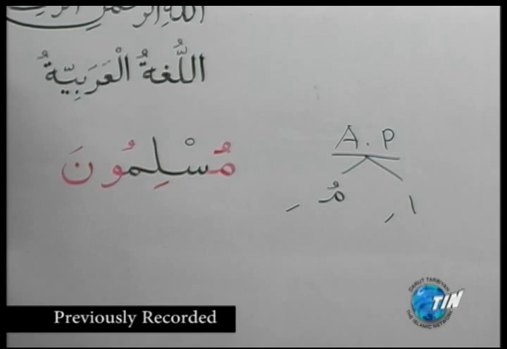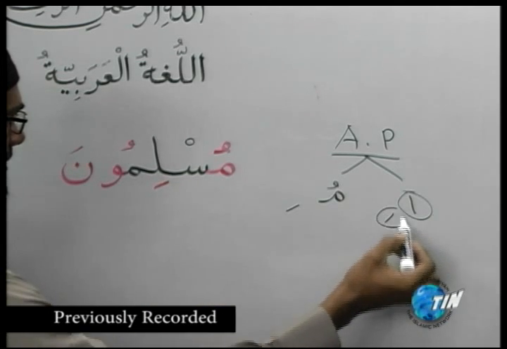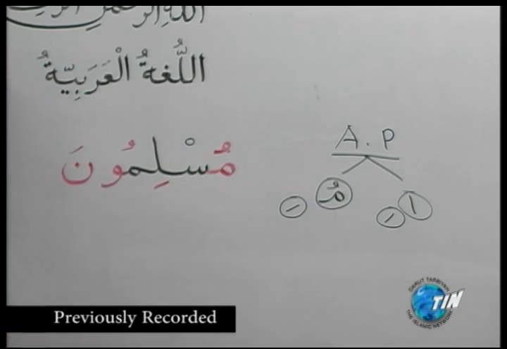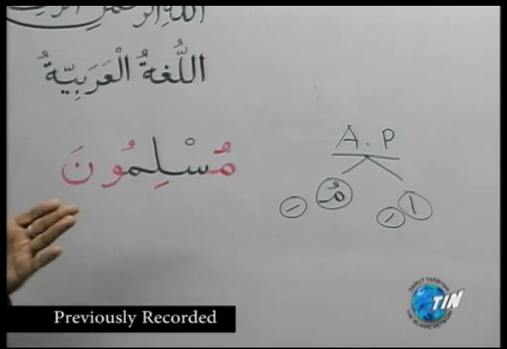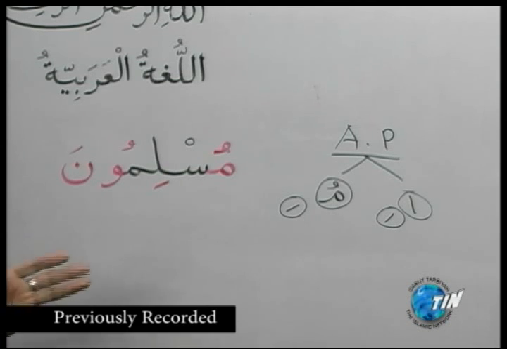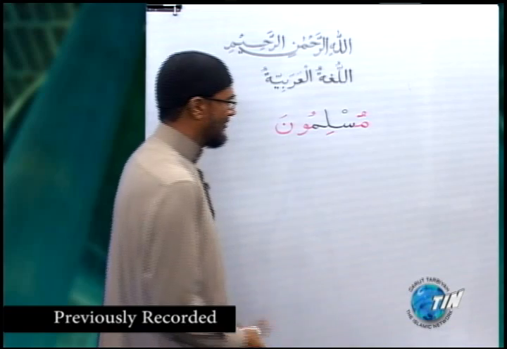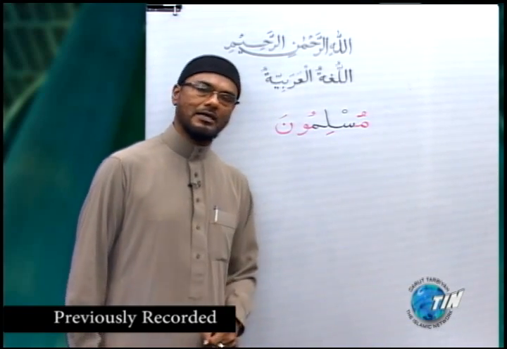If you could remember these two things, inshallah, then you have no problem. Two different ways of recognizing the active participle. They all come under the same heading, but they could be recognized two different ways. That doesn't look too easy to follow, but remember what I just told you: meem dhamma, second to last letter, the kasra.